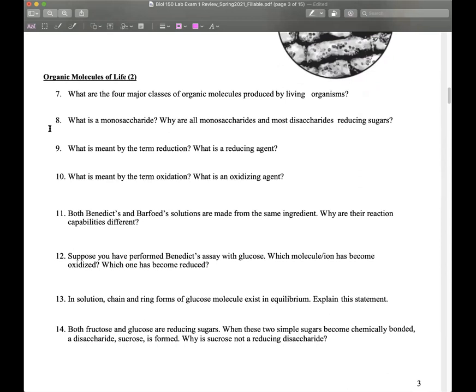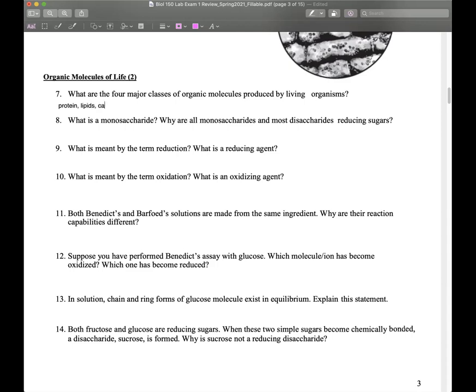All right. So let's talk about this, all the way back, our second lab exercise about organic molecules. What are the 4 classes of organic molecules? Proteins. Carbohydrates, protein, lipid, and nucleic acid.